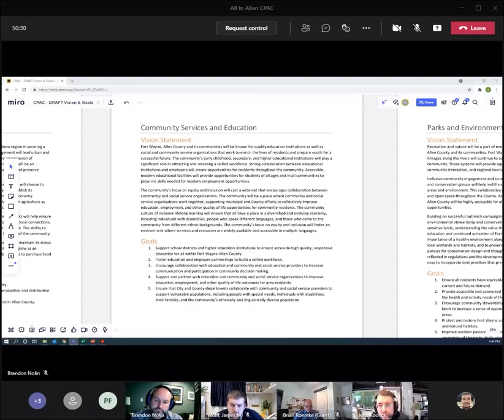So really tying together education, support services, and lifelong learning with the county's array of community service providers. That's what this vision statement is about, and that's what the goals are supporting here. Any thoughts on this one?